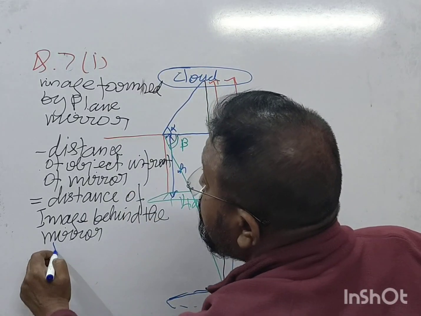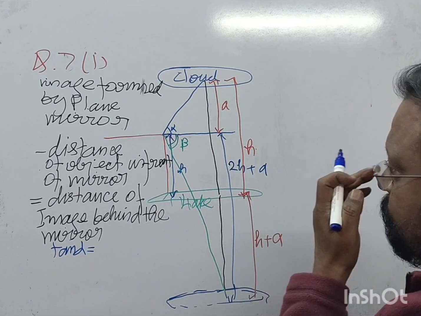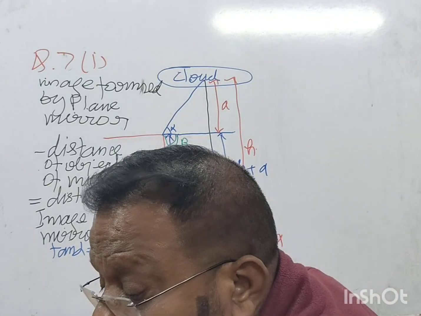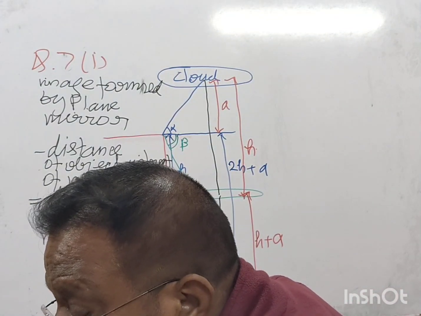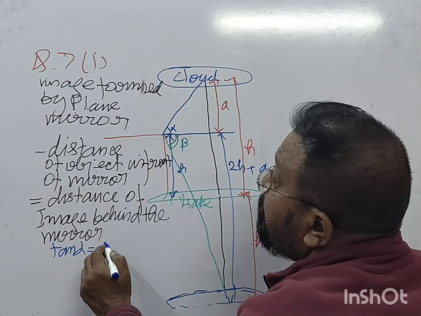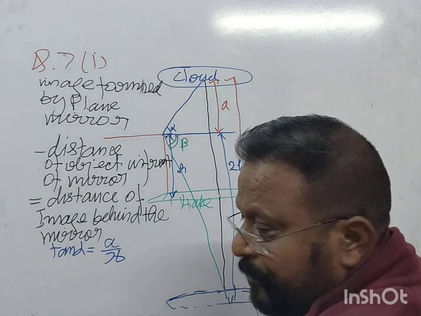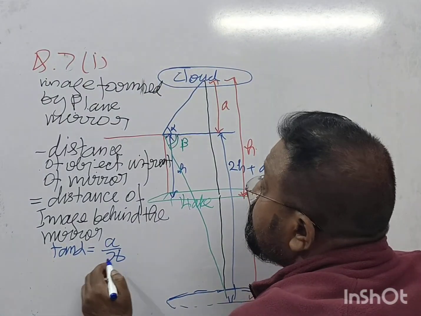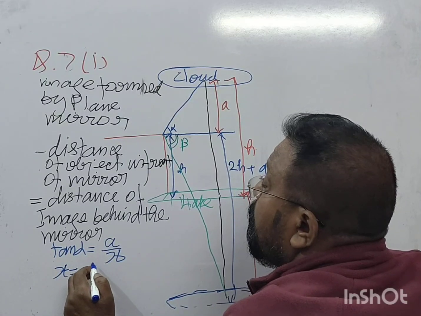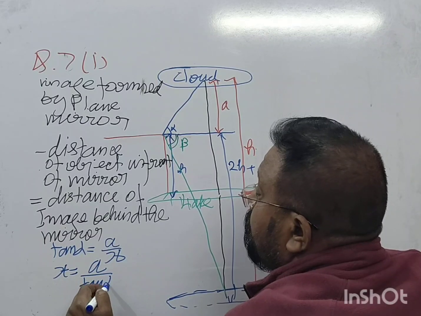So if I write tan alpha is equal to, this distance is actually supposed to be x. So this is A upon x, right? So x is equal to A upon tan alpha.